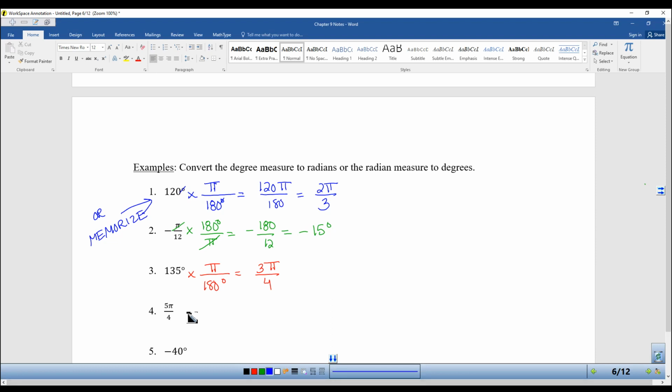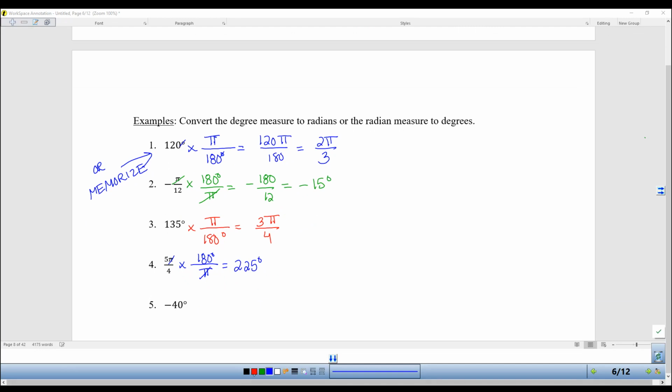The next one's on our unit circle too, but as we practice this, again, I'm trying to get the pi to cancel, and I want to have degrees in my answer. So that's my conversion factor. I cancel the pi's. I do 5 times 180 divided by 4, and I get 225 degrees.